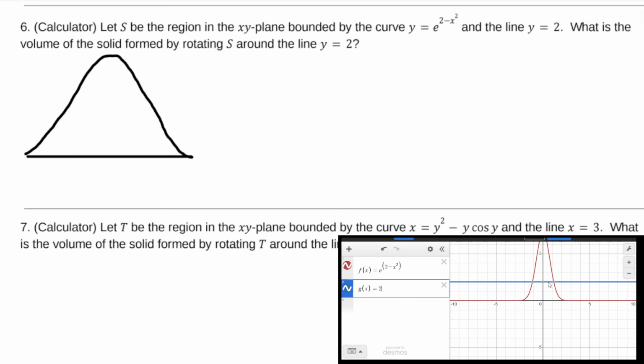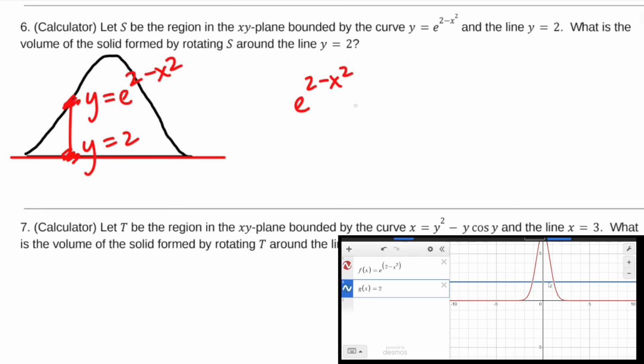And so the radius would be top minus bottom. So that's going to be e to the 2 minus x squared and y equals 2. Radius is, I just subtract those two from each other. And then that's what's going to get squared, and it's pi r squared.